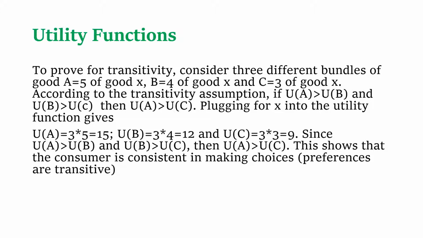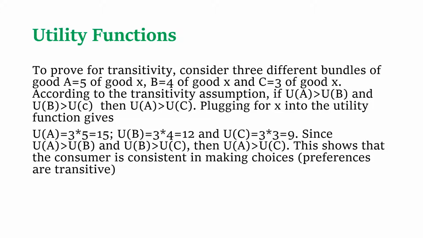Let's say A is 5 of good X, B is 4 of good X, and C is 3 of good X. According to the transitivity assumption, if U of A is greater than U of B, that is the consumer prefers A to B, and U of B is greater than U of C, that is the consumer prefers B to C, then it follows that U of A is greater than U of C, that is the consumer prefers A to C.